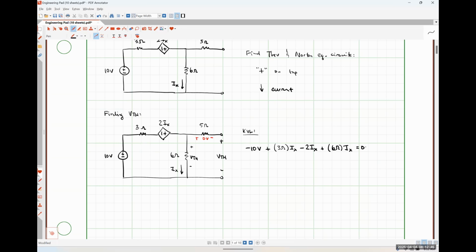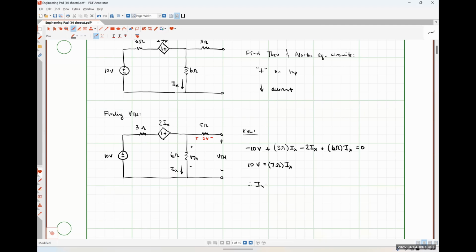Since Ix is literally the only current that's flowing in my circuit, I'm just using that as my variable as I follow my current around. So rearranging this guy, I would have 10 volts is equal to, let's see, so 3 minus 2 is 1 plus 6 is 7 ohms times Ix.